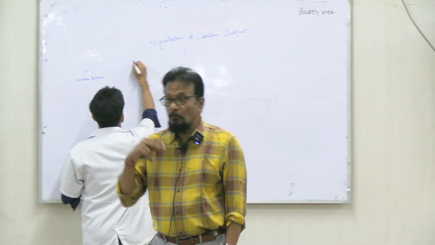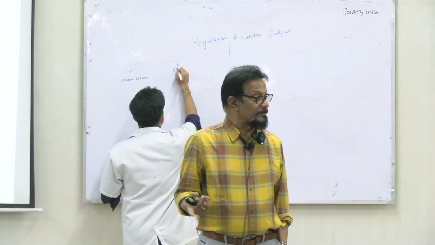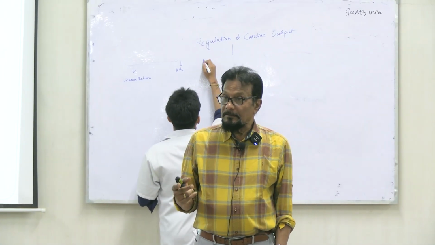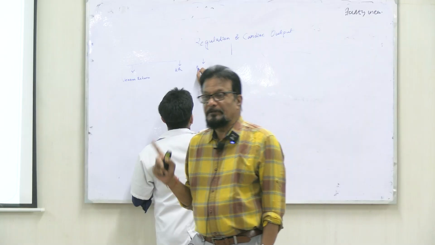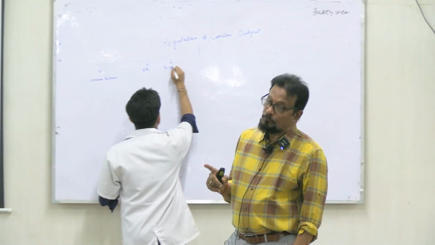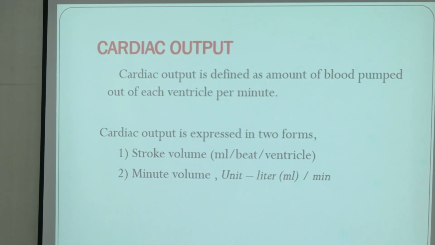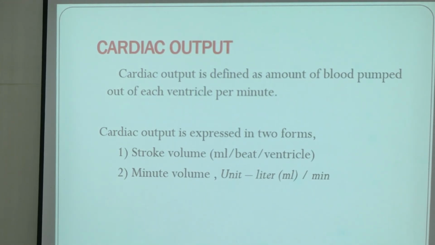When we want to know how much blood is ejected into circulation by the ventricles in 1 minute, then it will be termed as cardiac output also. It is minute volume. Cardiac output is defined as the amount of blood pumped out of the ventricle per minute.